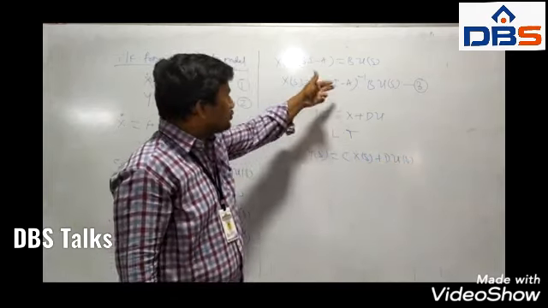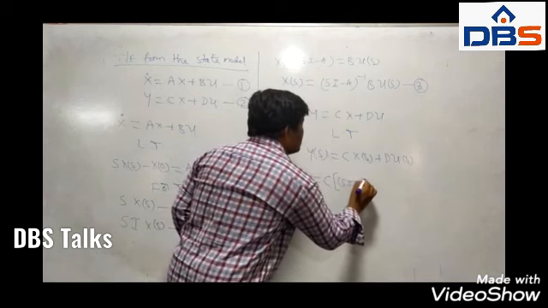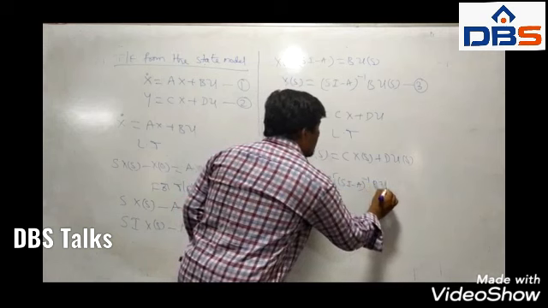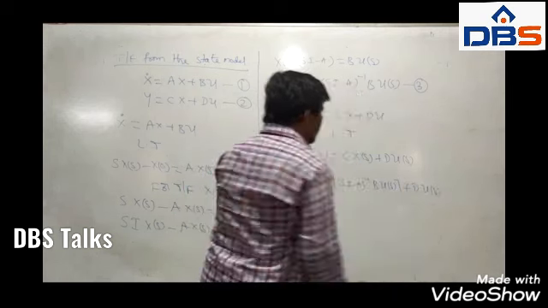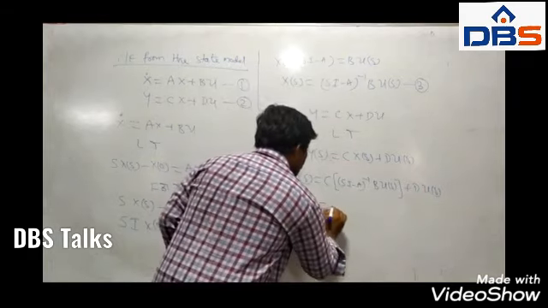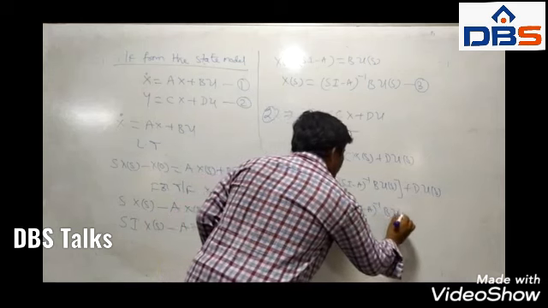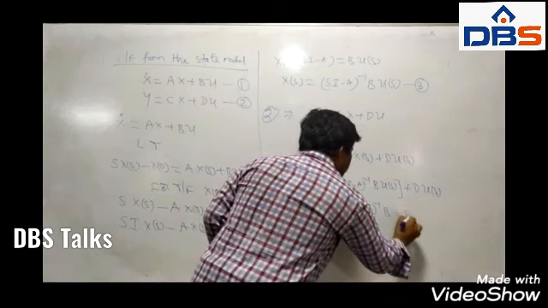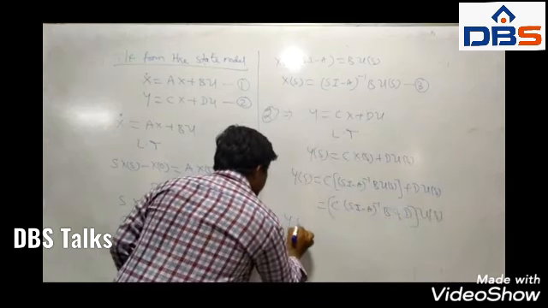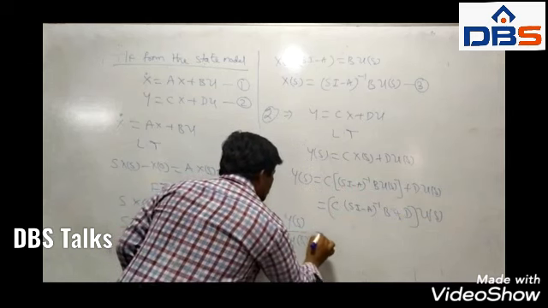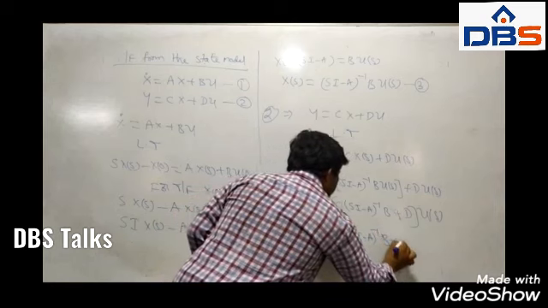So Y of s equal to C into (sI minus A) inverse into B U of s plus D U of s. Take U of s as common factor: C into (sI minus A) inverse B plus D into U of s, and Y of s by U of s equal to C into (sI minus A) inverse into B plus D.